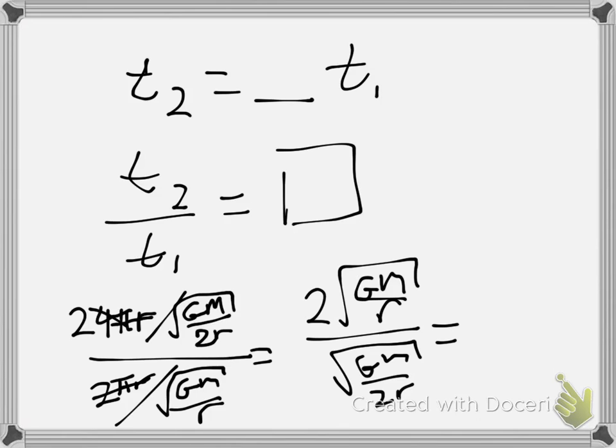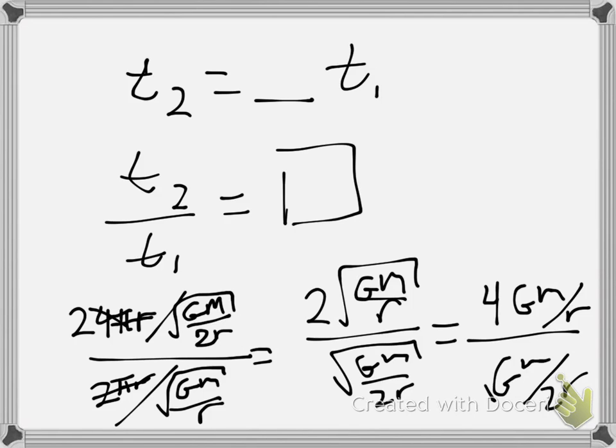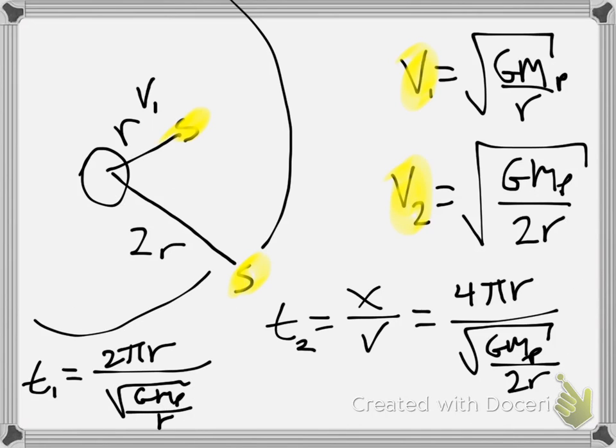So then that becomes 4 big G m over r divided by big G m over 2r on the bottom. Well, that's irritating because that cancels. You said it was 2.83? Why am I not getting that? The r's will go away, but then I have a 2. I must have made an algebra error.